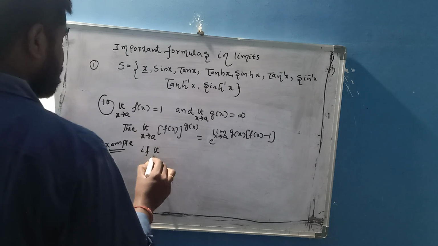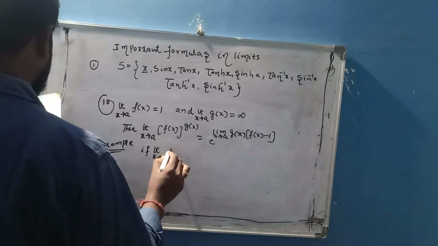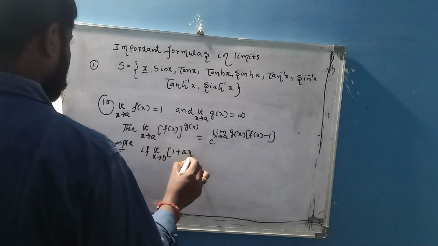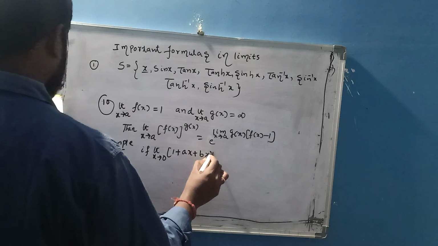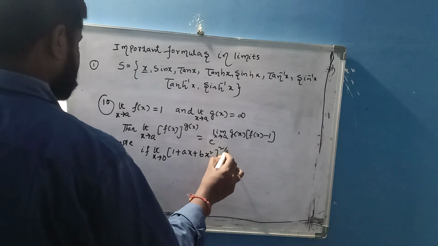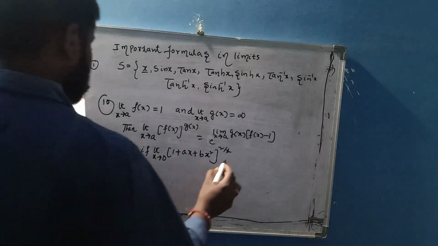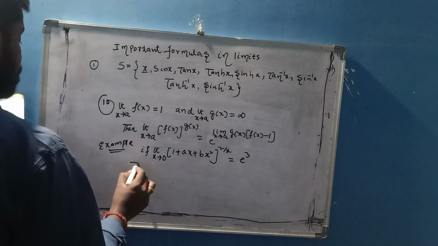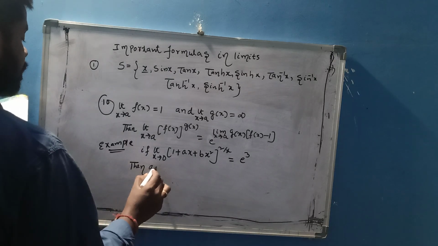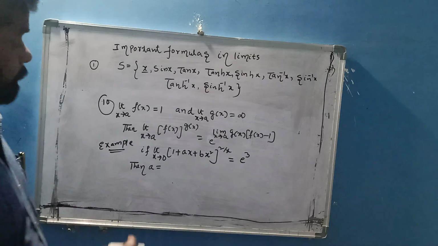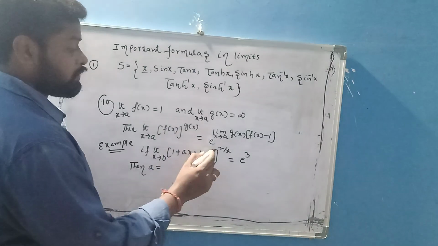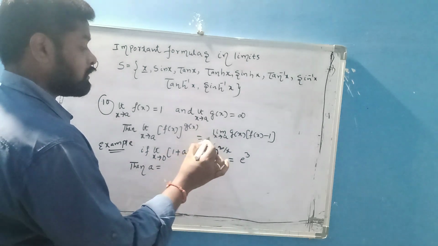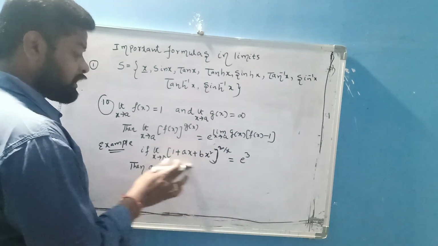If limit x tends to 0, 1 plus ax plus bx square whole power 2 by x equals e power 3, then a is equal to, asking, limit x tends to 0, 1 plus ax plus bx square whole power 2 by x. This is the formula, 2 by x. This is the given question.